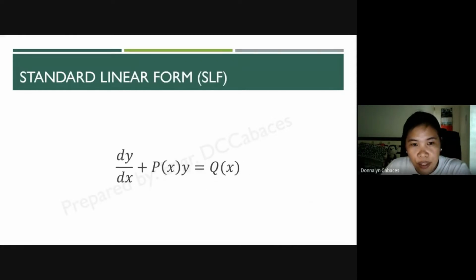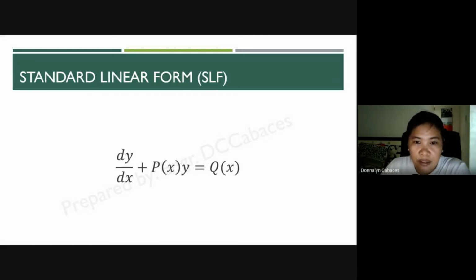The standard linear form, or let us call it SLF, a shortcut, if we have the dependent variable y, is this form. The derivative of y with respect to x plus p as a function of x times y is equal to q of x. Take note, in the given differential equation, it is not always y as the dependent variable.